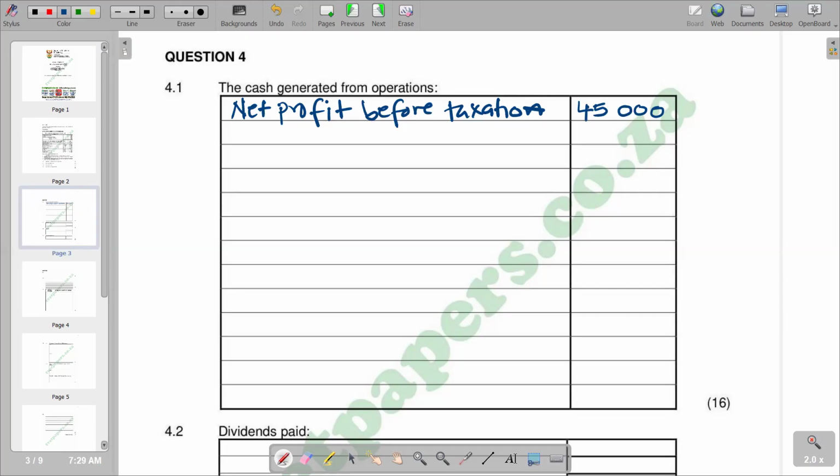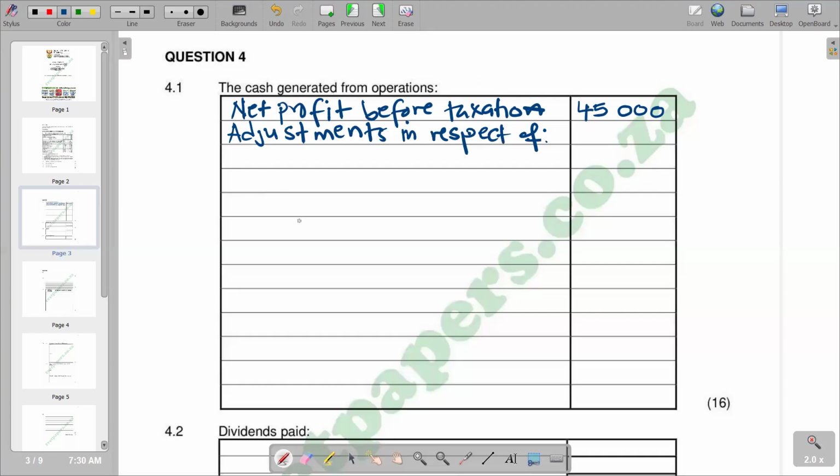And from there, we are going to make some adjustments. So we are just going to say adjustments in respect of, and we are going to list the adjustments beneath that, whereby we are going to look for non-cash items and then we add them back.